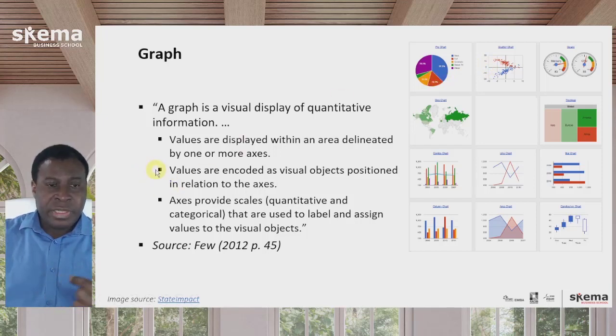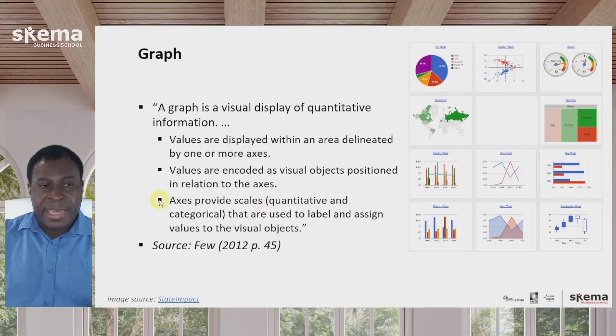Another key point is that values in the graph are encoded as visual objects positioned in relation to the axes. So if you have an x or y axis, each of the values is encoded with some sort of picture, some sort of object in relation to the x or y axis, or the radial axis, in some relation to the circular arrangement of the graph.